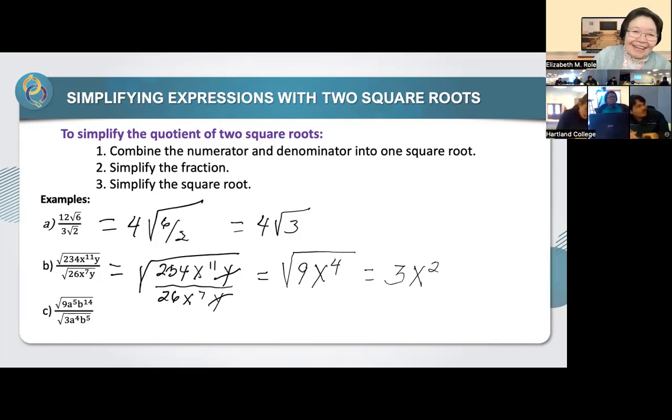Oh, there's more. The last one, letter C, for this exercise. What is that, 9a to the 5th, b to the 14th, over the square root of 3a to the 4th, b to the 5th.